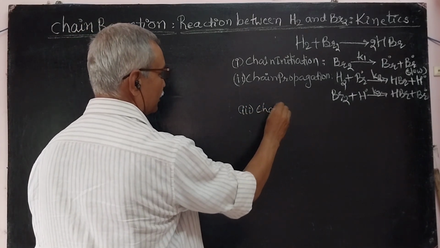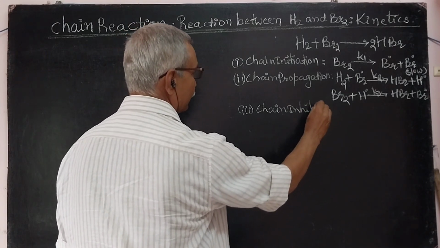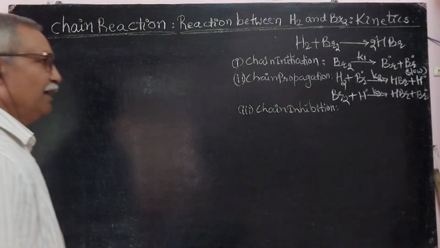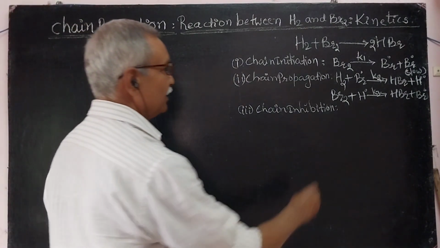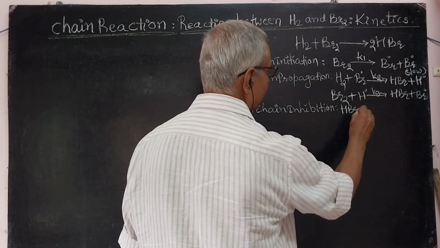Chain inhibition. Inhibition means it slows down the reaction. Here one molecule of the product is involved.